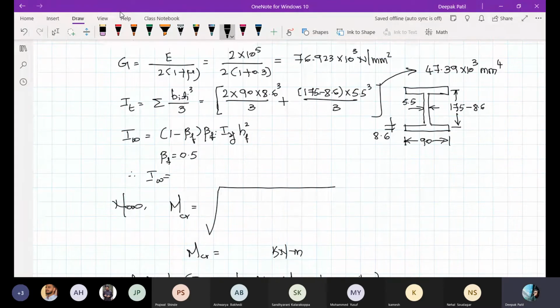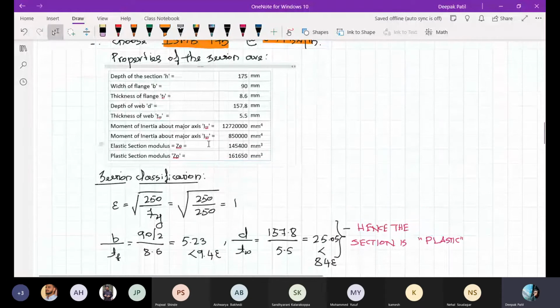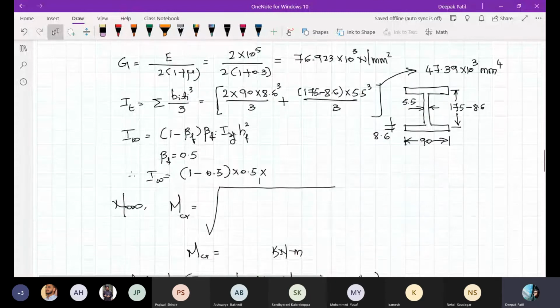I told you beta f will always be 0.5, because for equal flange width sections, beta f will always be 0.5. So 1 minus 0.5 times 0.5 times the moment of inertia about the y axis, which is about 85 into 10 raised to 4.